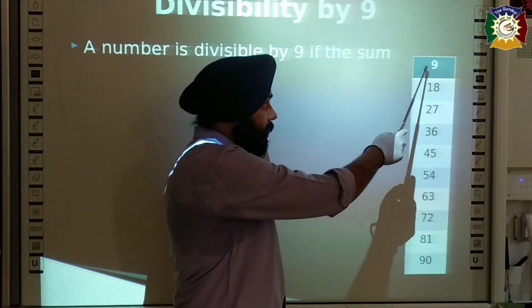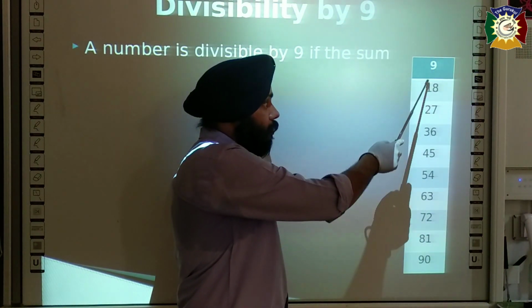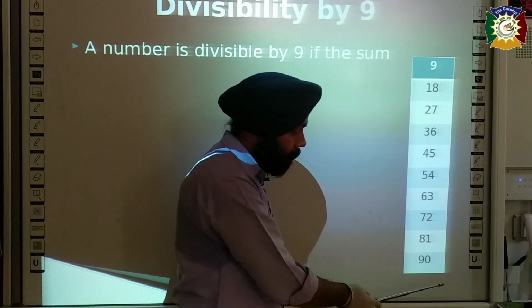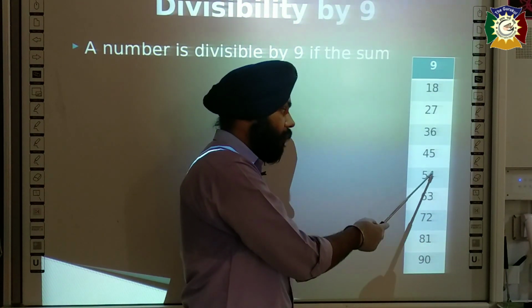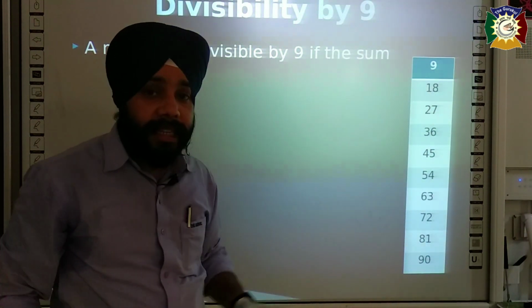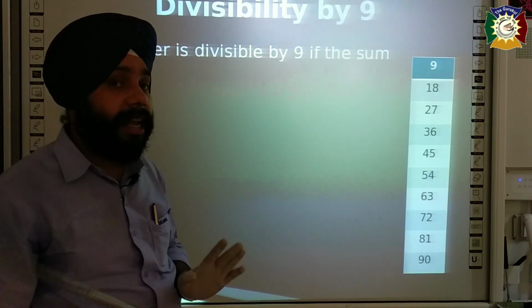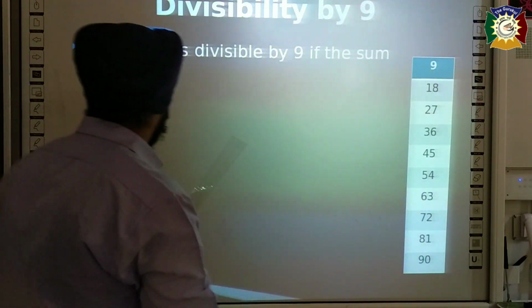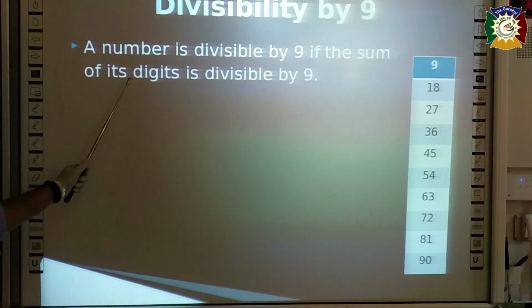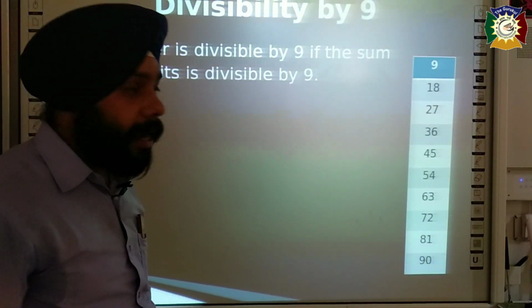Also, one similarity here: see on the tens place the values 1, 2, 3, 4, 5, 6, 7, 8, 9, and from the downside, the ones place 0, 1, 2, 3, 4, 5, 6, 7, 8, 9. So every time the sum of these digits is 9. So we can say a number is divisible by 9 if the sum of its digits is divisible by 9.